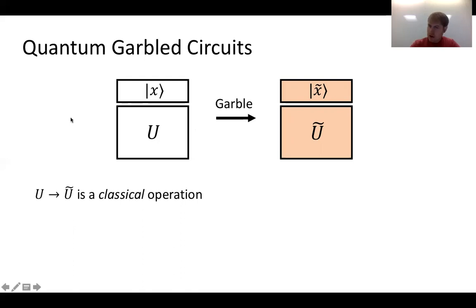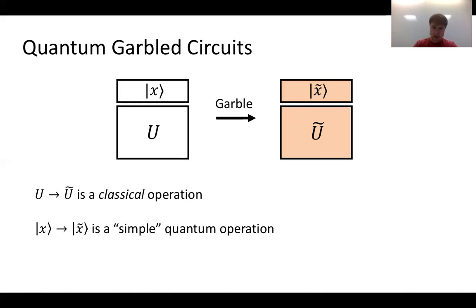What we want out of our garble procedure, the procedure that garbles U and produces U tilde, is that it is completely classical. So it takes a classical description of U and outputs a classical description of U tilde. And moreover, the procedure that takes the input x and produces a garbled input x tilde should be simple in some sense, which I'll be more specific about later.